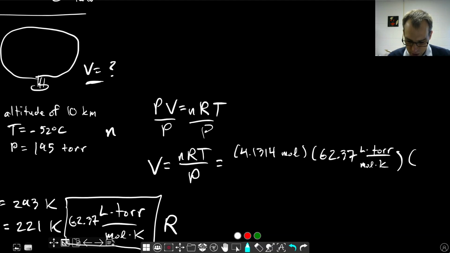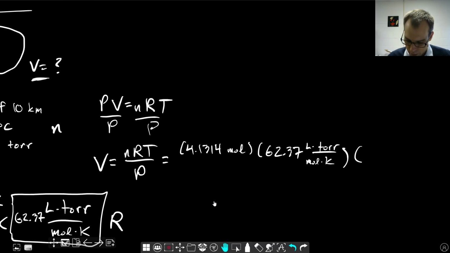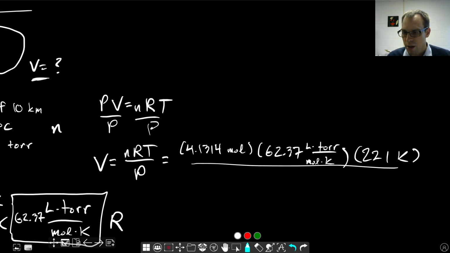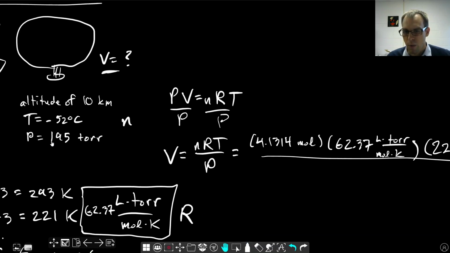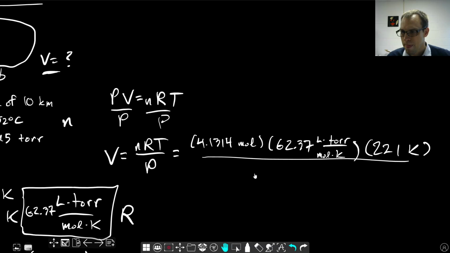Our new temperature is 221 Kelvin over here in the corner. I'm going to move over so I actually have space to write it. And our pressure is 195 torr.